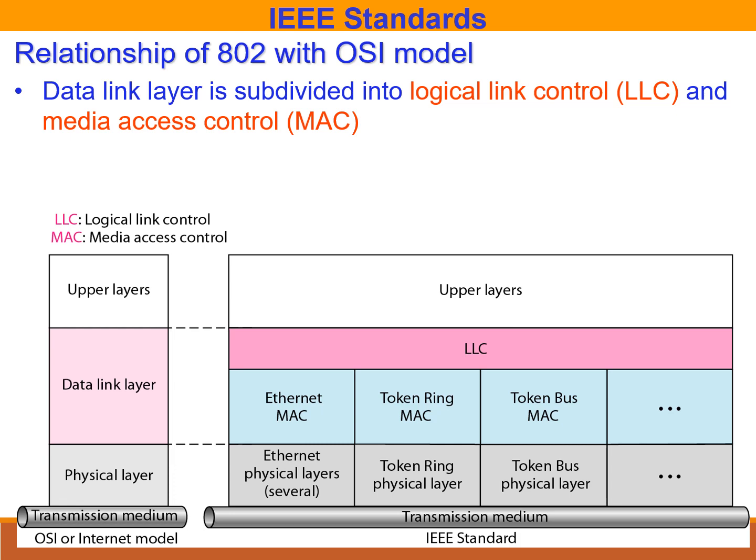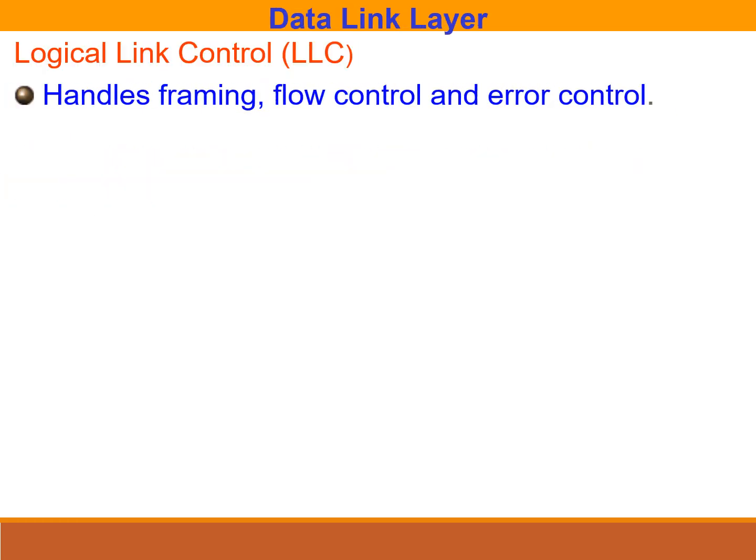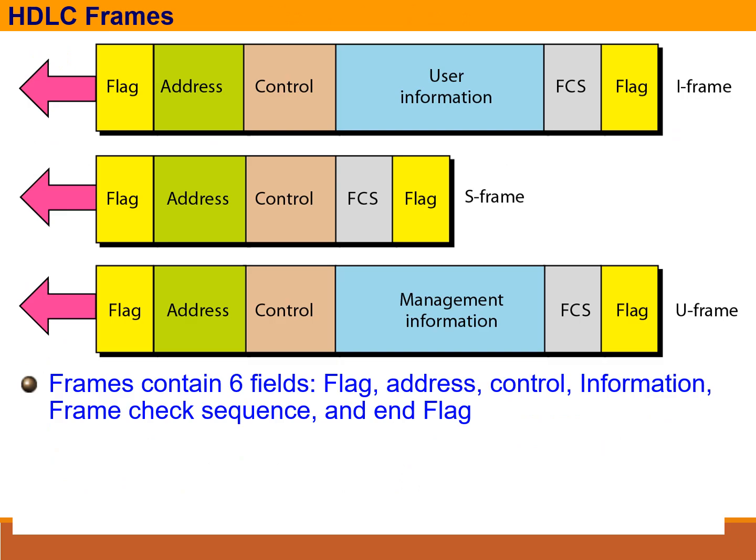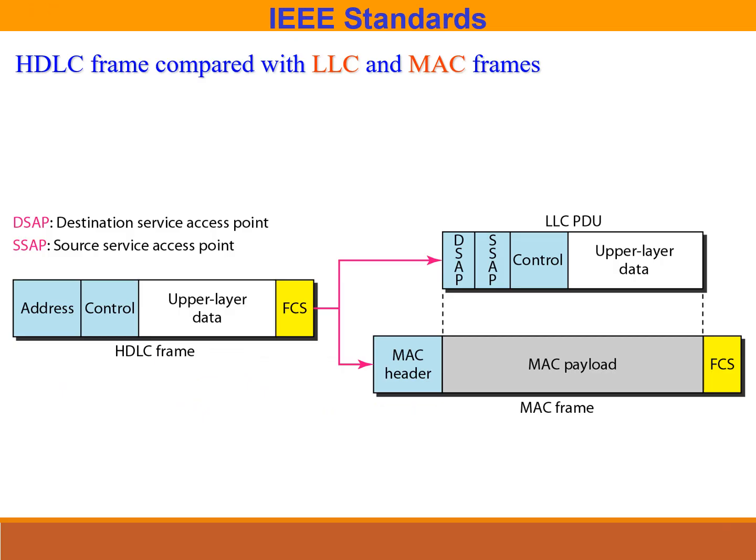I'll show the diagram of that. Here we have a DSAP and then a SSAP, the destination service access point and the source service access point, added in the header fields.